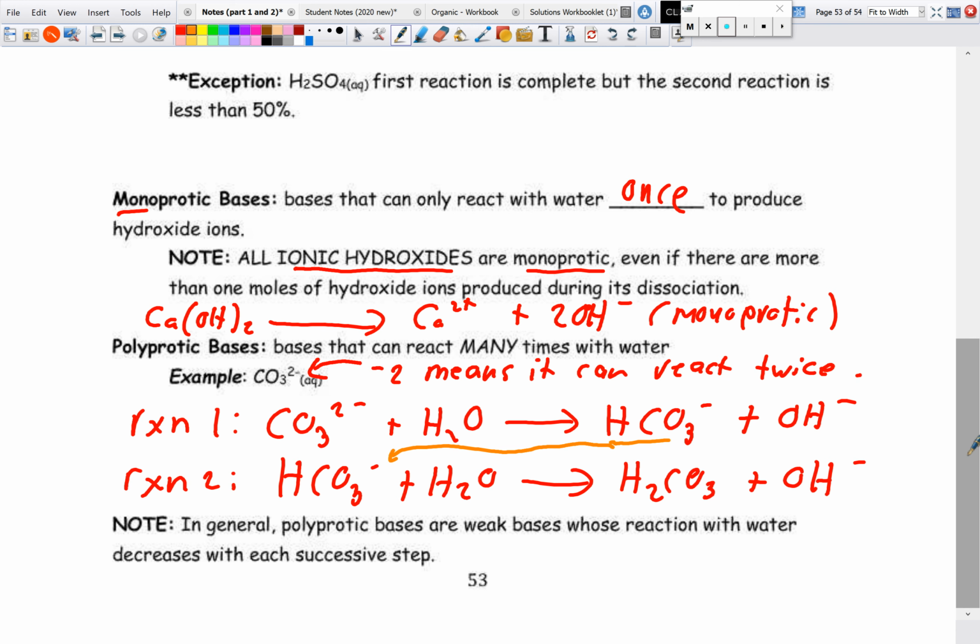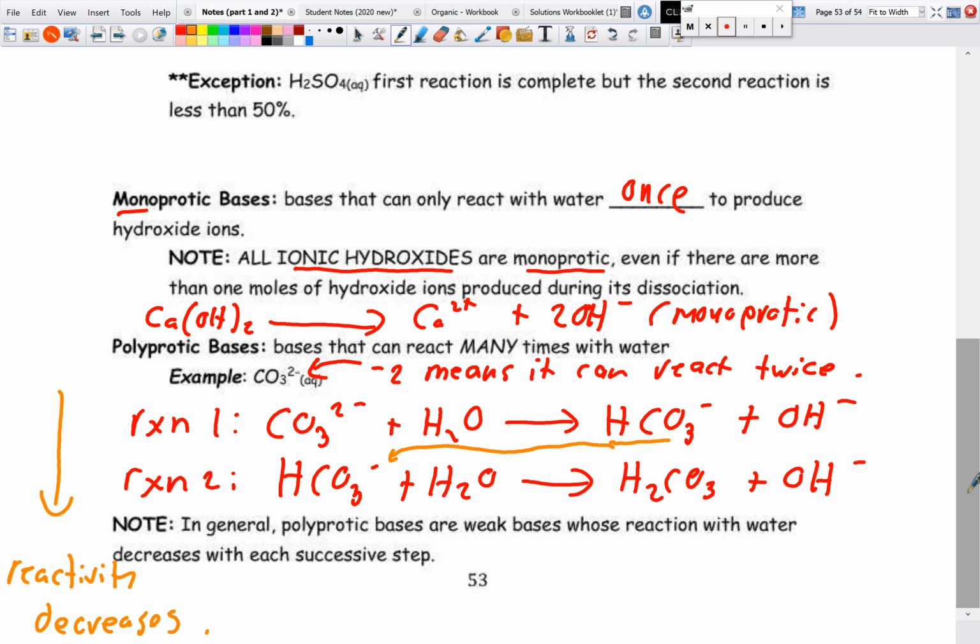So same thing with our acids, reactivity decreases as we go down each step. So CO3 2 minus is going to be the stronger base compared to the HCO3 minus, where this first reaction will react more vigorously, or it will react more than the second one.